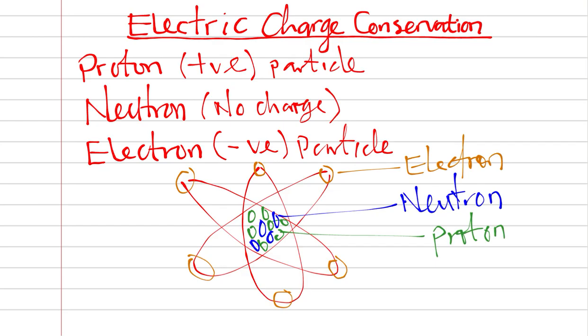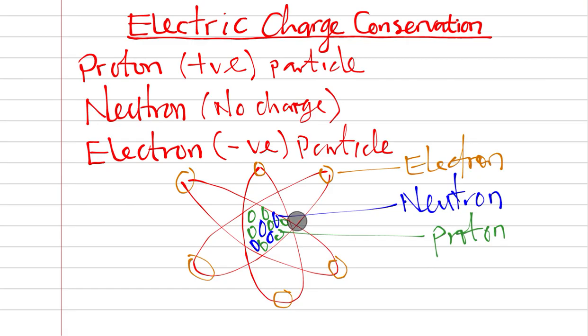So what can you say about neutron and proton? When we talk about their location, you can see that the neutron and the proton are located inside the nucleus of an atom.